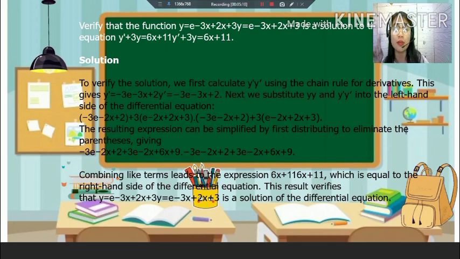Combining like terms leads to the expression 6x plus 11, which is equal to the right-hand side of the differential equation. This result verifies that y equals e^(-3x) plus 2x plus 3 is a solution of the differential equation.